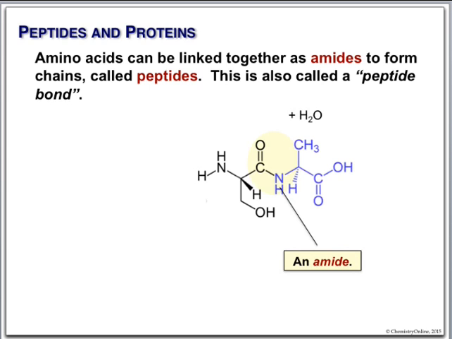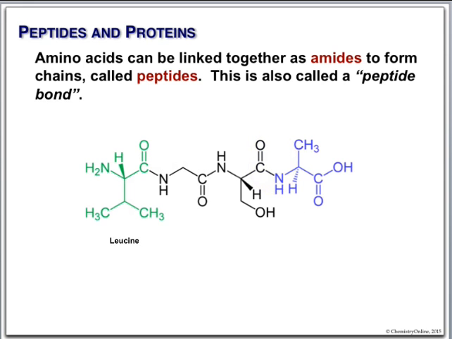It's also called a peptide bond if you happen to be a biologist. We formed an amide, a new functional group. And this is how we link amino acids together. If we link a bunch of them together, here we have leucine, glycine, serine, and alanine. When amino acids are linked together in short chains, they're called peptides.